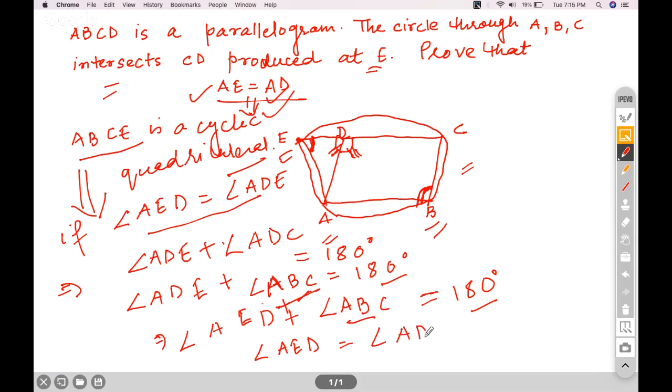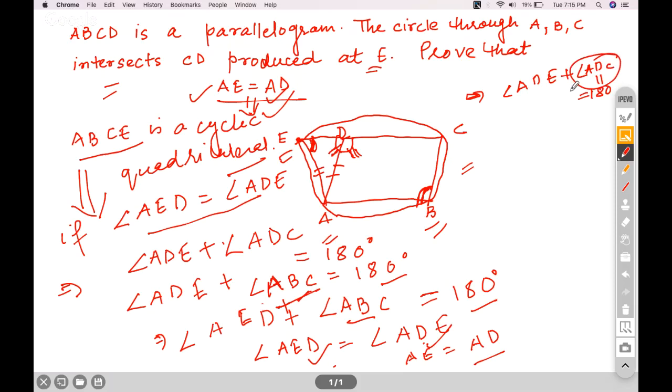angle ADE. And once I say that angle AED is equal to angle ADE, it means that side AE is equal to side AD. What I have done in this question is, first I have said that angle ADE plus angle ADC is equal to 180 degrees, and I have replaced ADC with ABC.